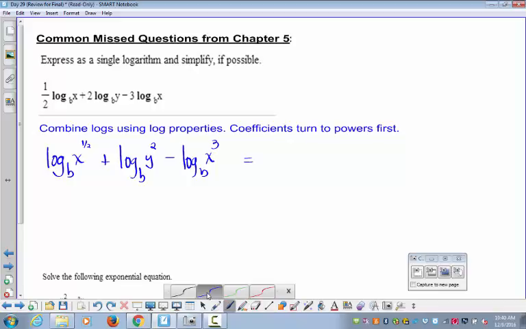And once you have it in that form, you can combine it into one log in one step. If you wanted to do it in 2 steps, you could, but it's pretty straightforward to go to the final answer here. The 2 terms that are added together jump into the numerator, and they're multiplied together. And then subtracting off x cubed throws an x cubed into the denominator.